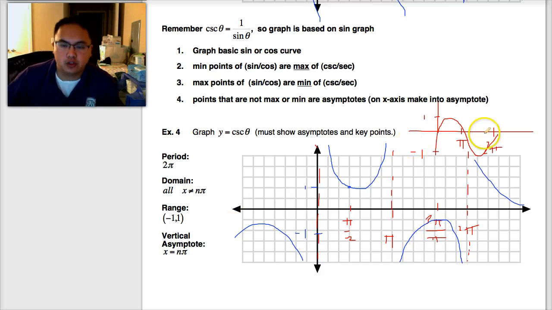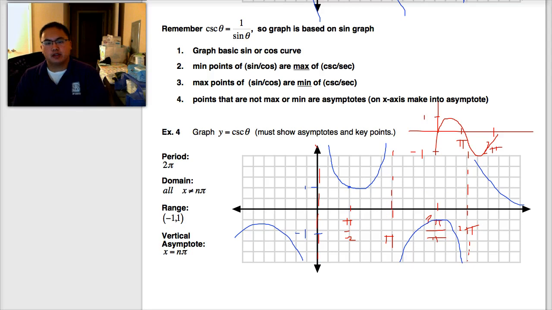Remember, the easiest thing to do is graph the sine graph and then do the inverse. Okay. And I have vertical asymptotes at every pi. So 0, pi, 2 pi, 3 pi, 4 pi, I have vertical asymptotes everywhere. Okay? So that is that.